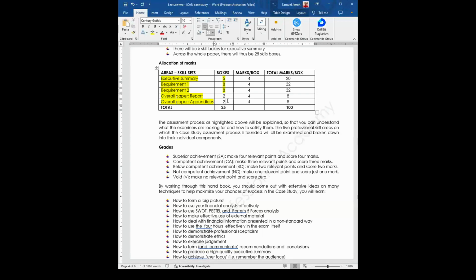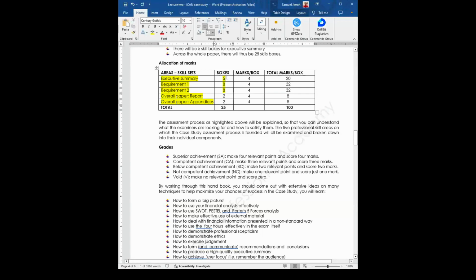The good thing is that each of these skill sets has 4 marks allocated to it. It means that the total marks for executive summary alone is 20 marks. Each skill that you demonstrate here attracts 4 marks.